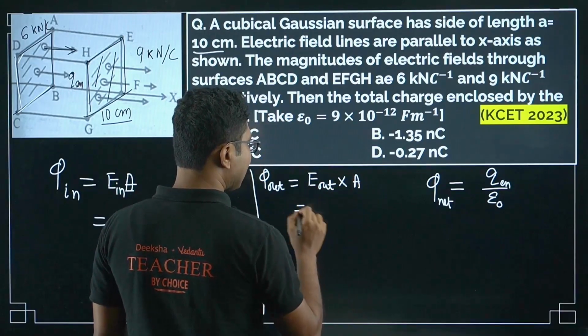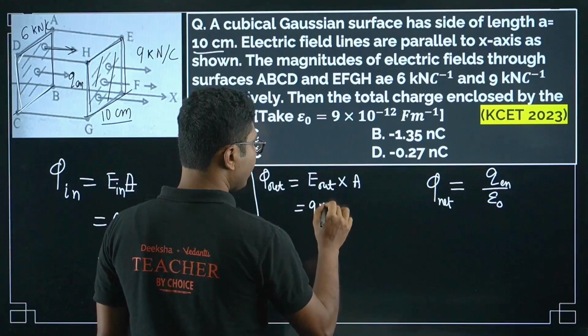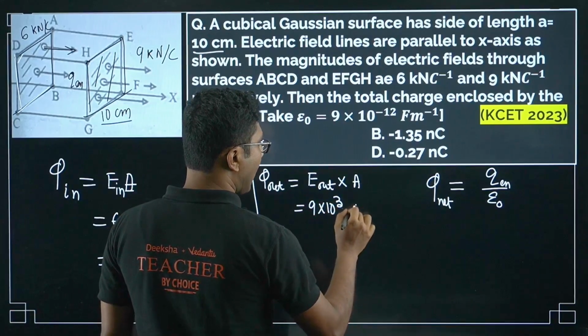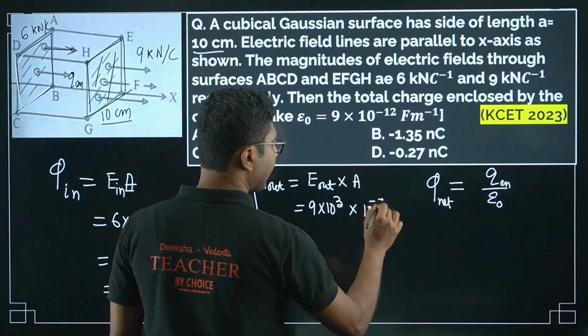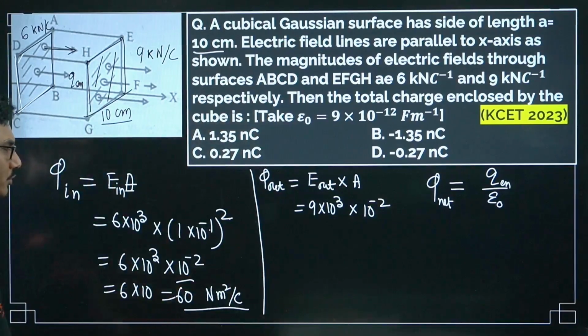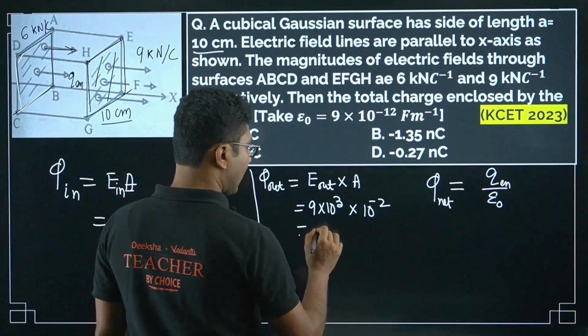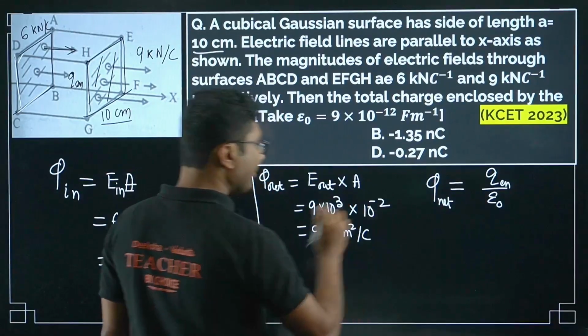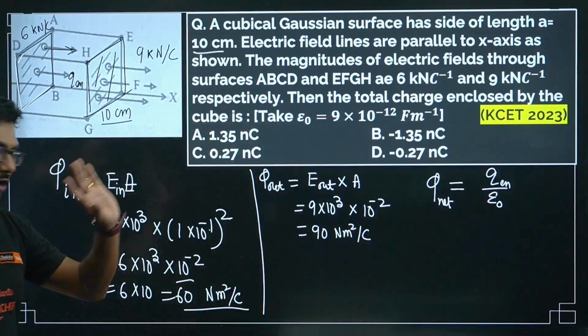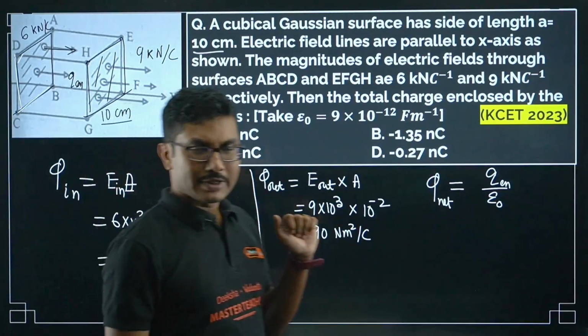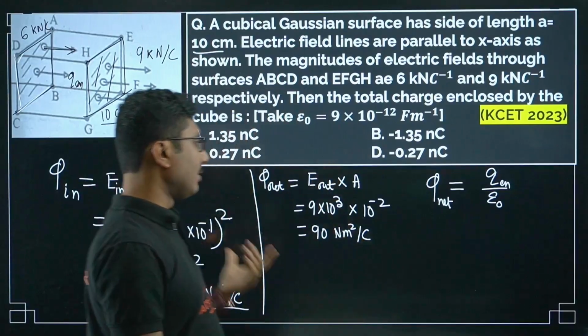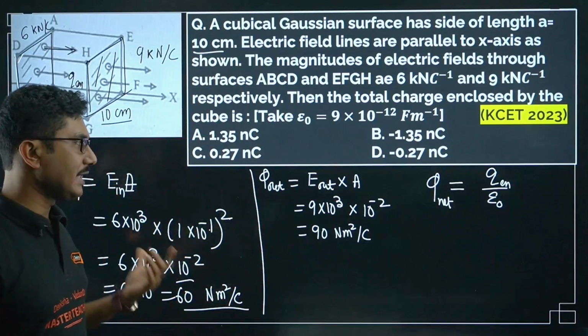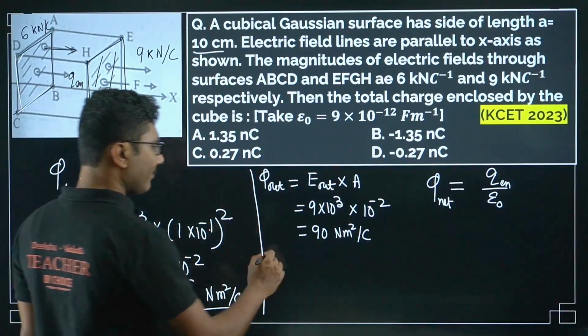So what is the electric field going out? 9 into 10 to the power of 3, and the area we have already calculated, 10 to the power of minus 2. So it will be 90 newton meter square per coulomb. Now the unit is not necessary if you are solving for competitive exams, but you should be aware of the units as well. Now what is the net flux?